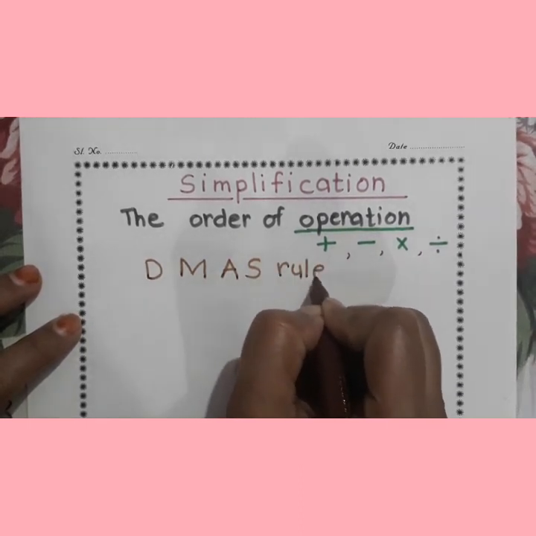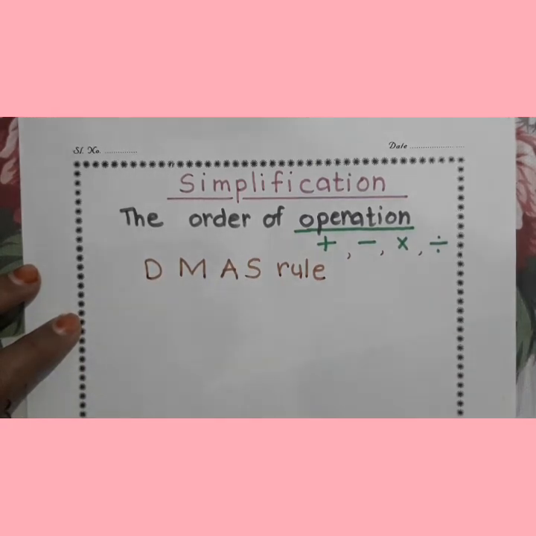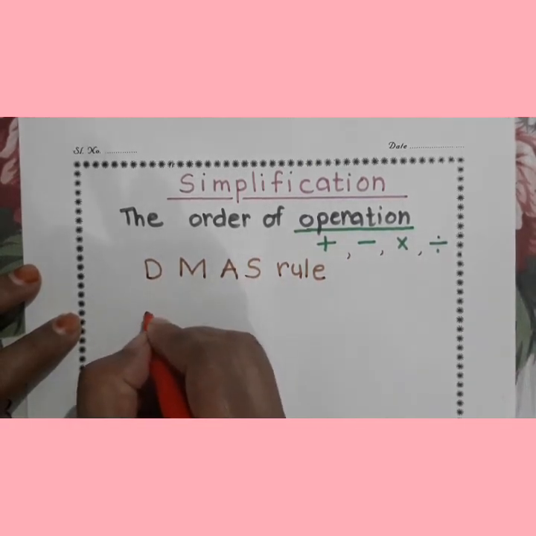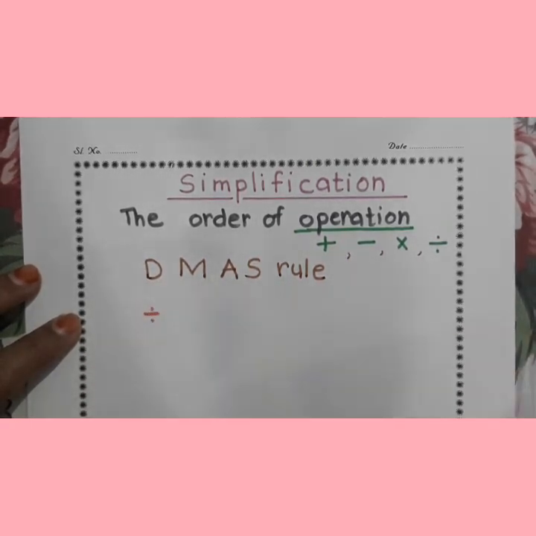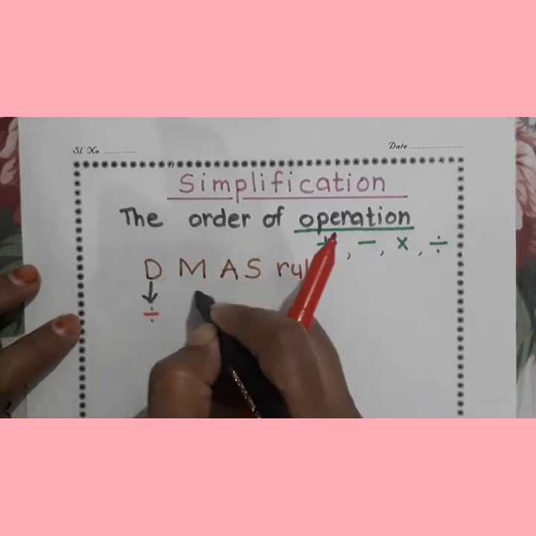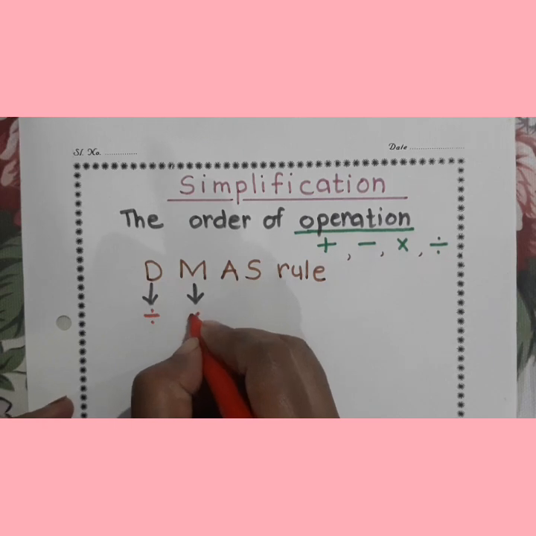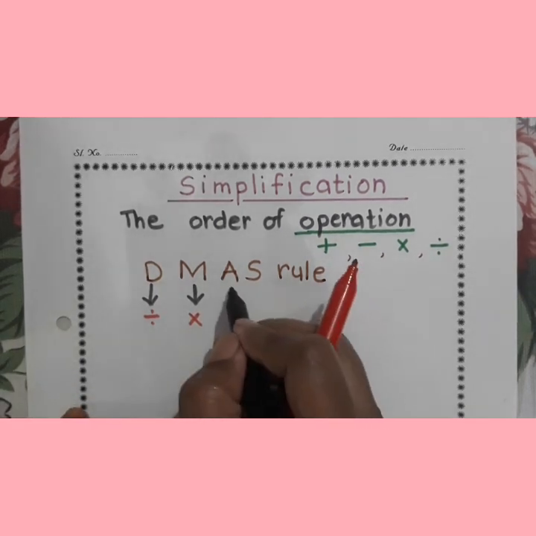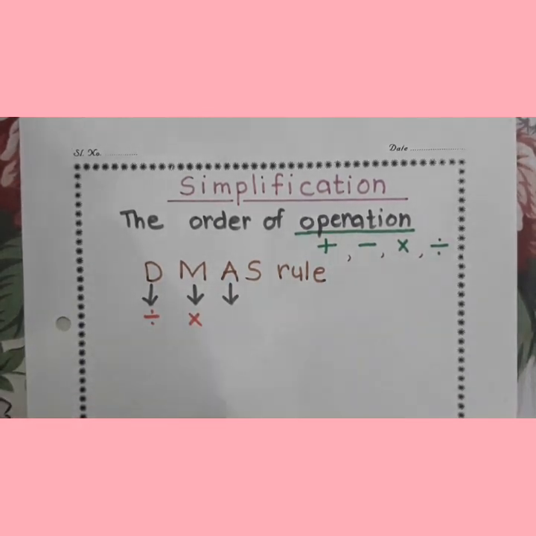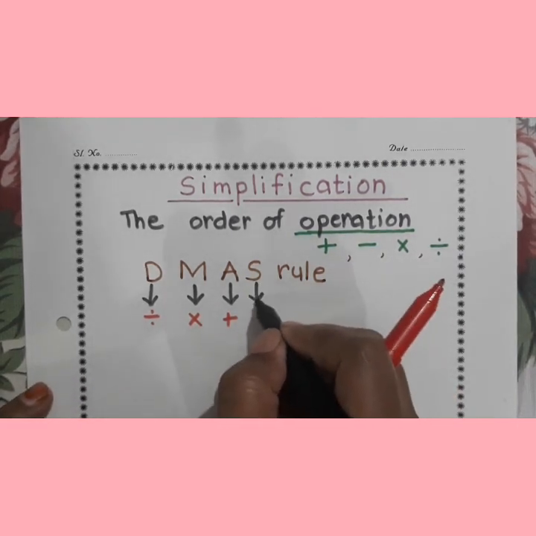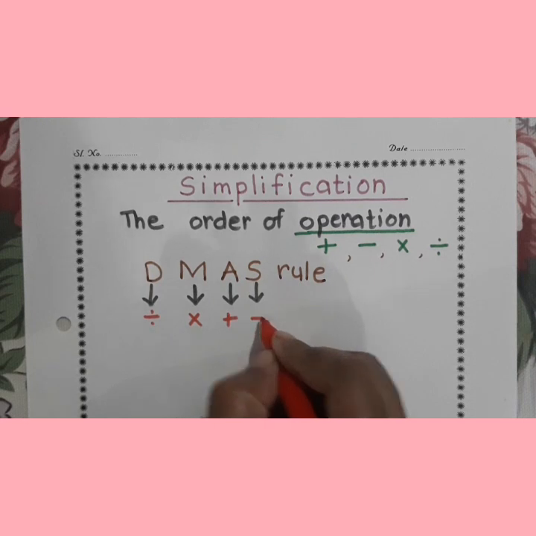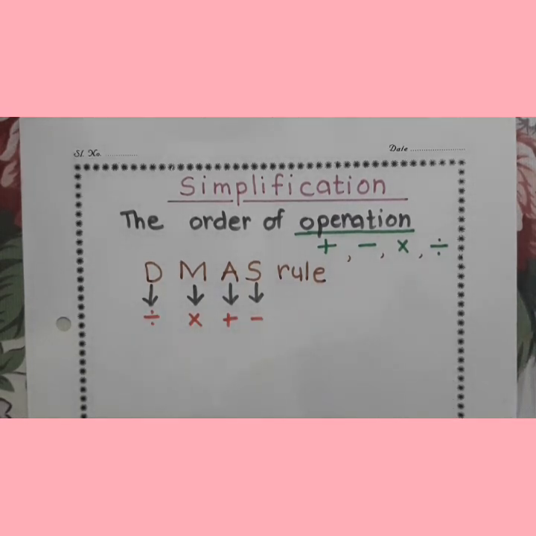So when we say the DMAS rule, it means D for division, M. Come on, recollect what we had done. It is multiplication, A is addition, and S is subtraction. So please do not forget the DMAS rule. It is very important when you solve your simplification.